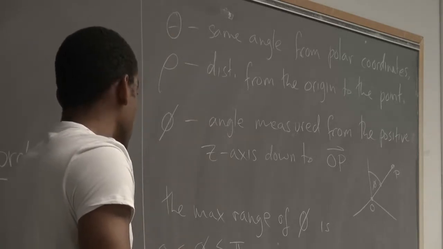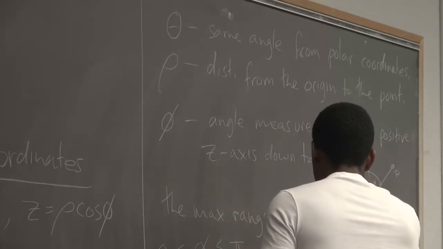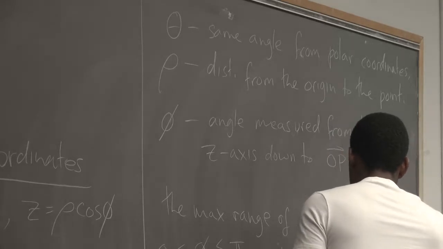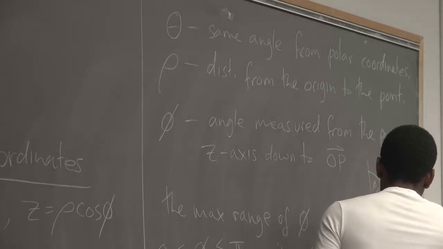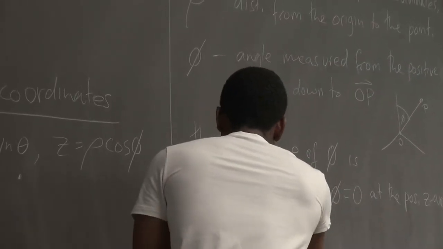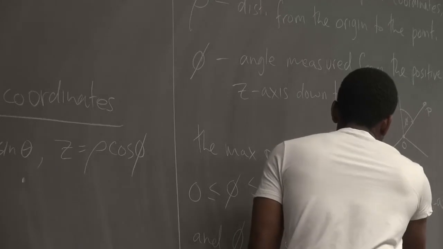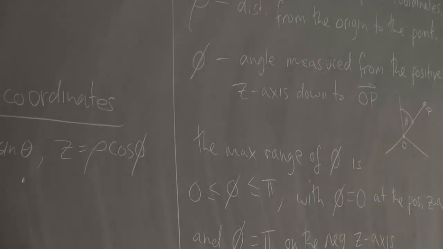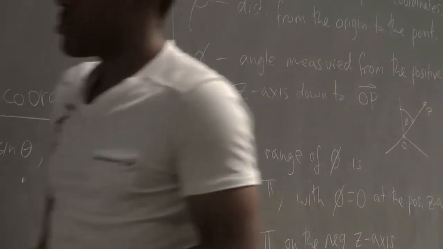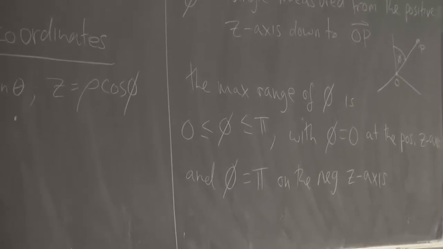But phi is always going to be between 0 and pi, with phi equals 0 at the positive z-axis, and phi equals pi on the negative z-axis. So it's a new way to locate a point in terms of two angles and a distance from the origin, and we have these equations set.